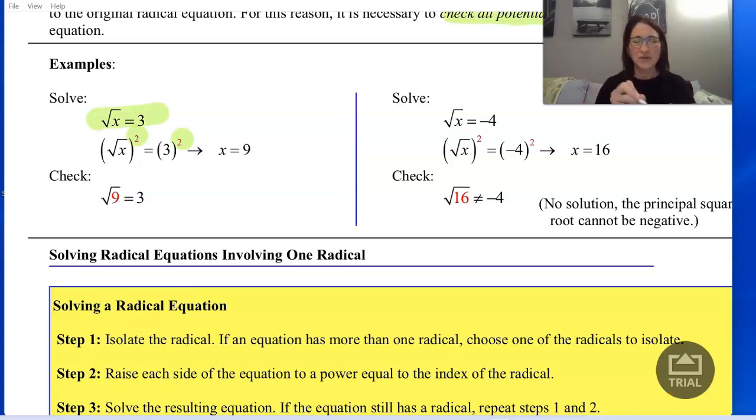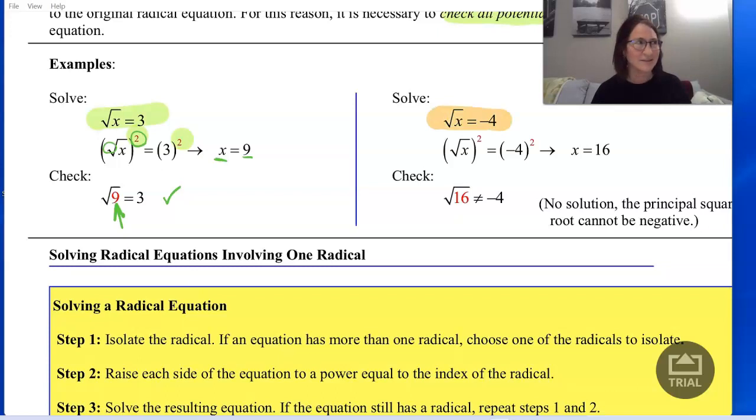Then our exponent is equal to our index, and our x, or our radicand, just comes out from underneath the radical. That's equal to 3 squared, which is 9. When we check that, plugging 9 in for the original x, we get the square root of 9 equals 3. That checks, no problem.